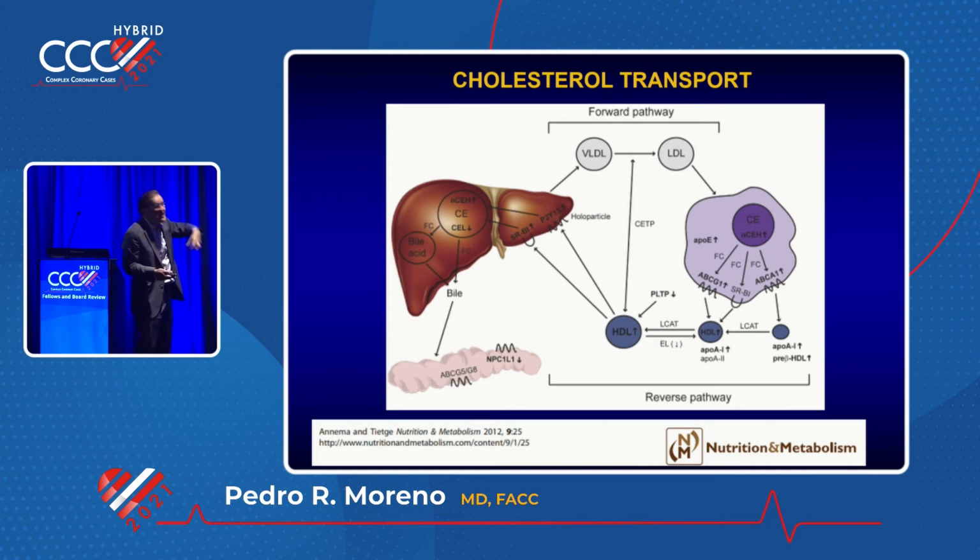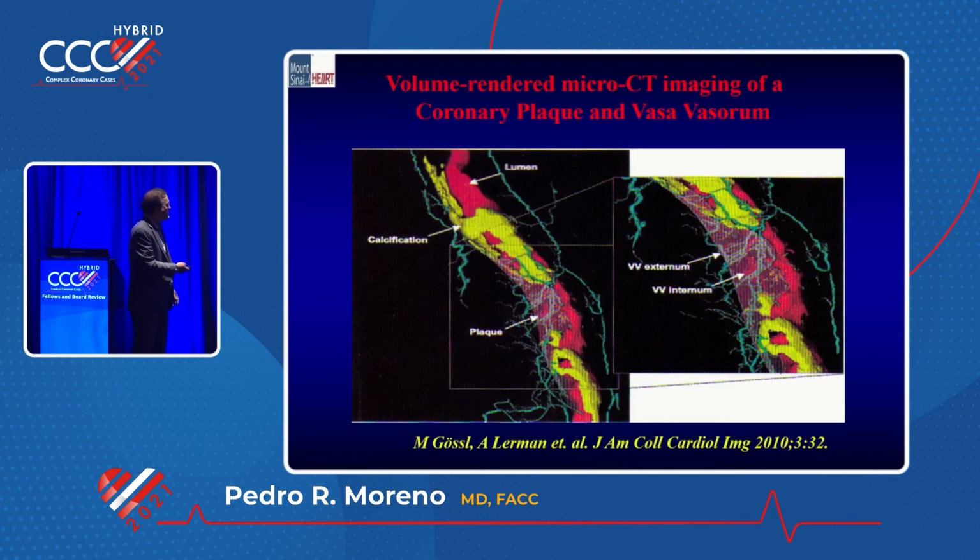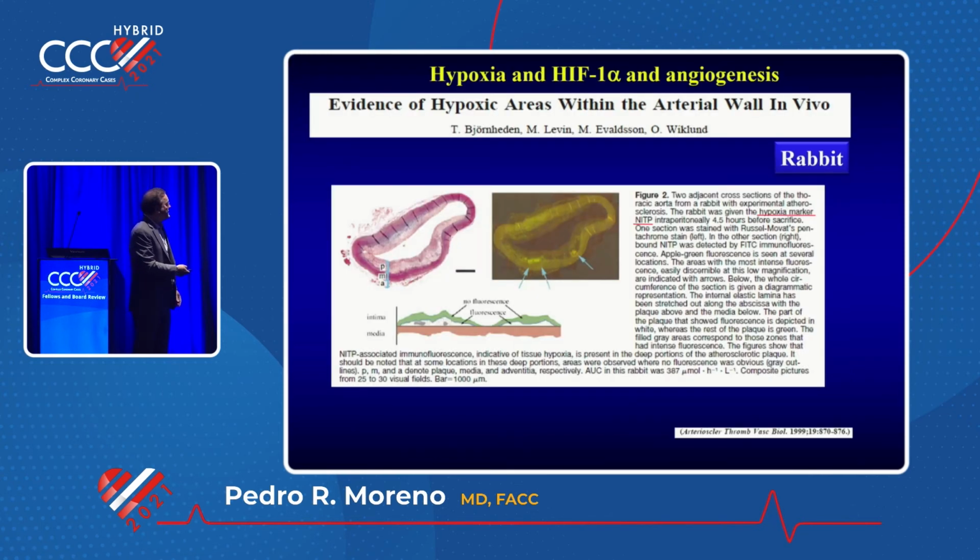So you can regress the plaque. You have to understand how you regress it through this mechanism. So this is the neovascularization that I told you about, the vasa vasorum. And this is the hypoxia. If you measure this hypoxia marker, NITP, it is always in the intimomedial junction.